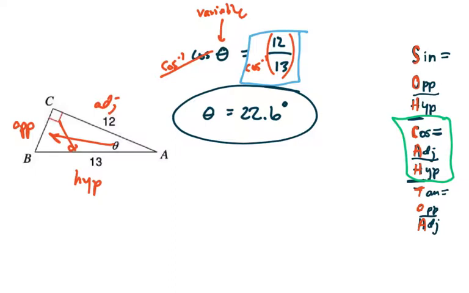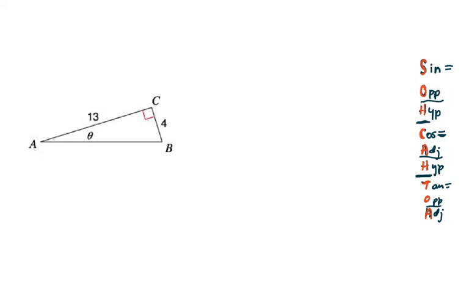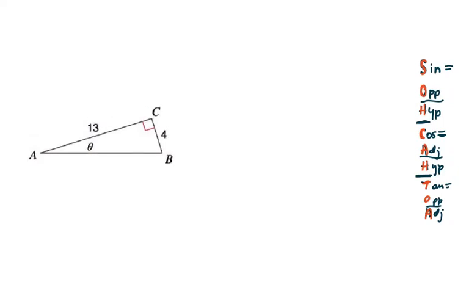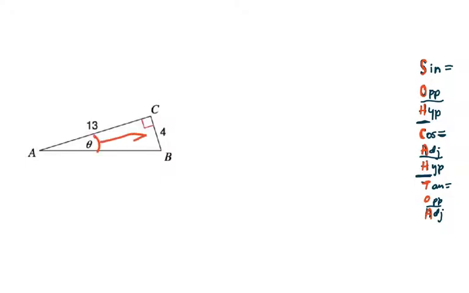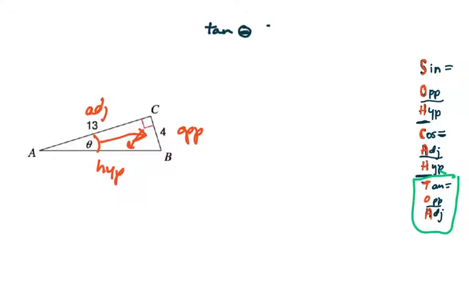So we'll probably turn up the speed a little bit. All right, so it's time to label from the angle. From the angle, we've got the opposite, the hypotenuse out of the right angle, and the adjacent, which means the two sides we have are opposite and adjacent. This one is going to be tangent. So we have tan theta, or x, your preference, equals the opposite 4 over the adjacent 13.